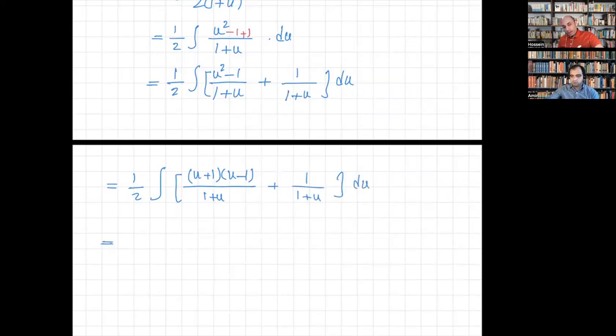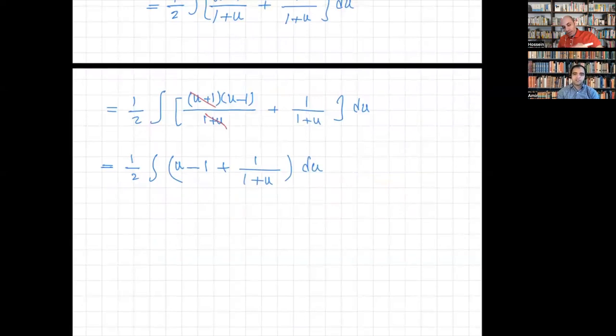As you can see, in the first fraction we can cancel out u plus 1 from the numerator and denominator. So we have 1/2 of the integral of u minus 1 plus 1 divided by 1 plus u times du.